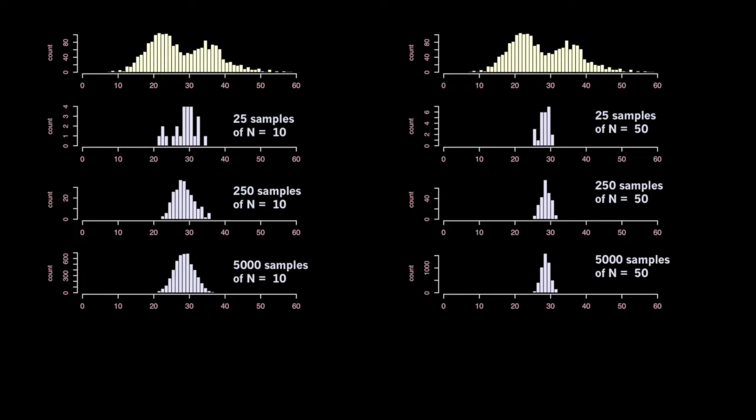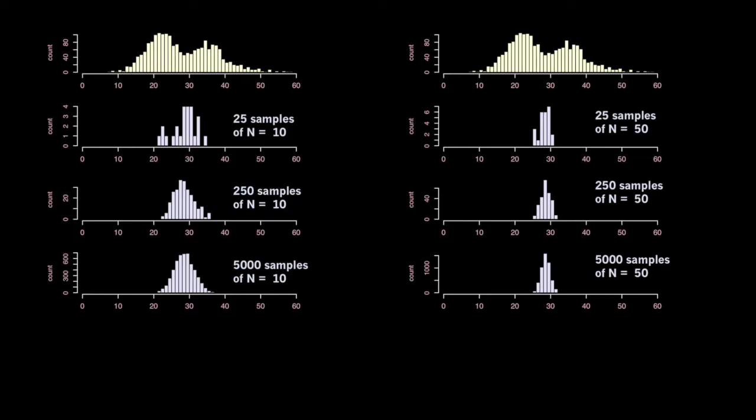Why would that be? Well, remember that we used to get very low means or high means when randomly or accidentally we would have a sample with lots of high selling stores or lots of low selling stores. If you get a sample of 50, most likely you will have high selling stores and low selling stores in every sample. So they will all kind of balance each other out.